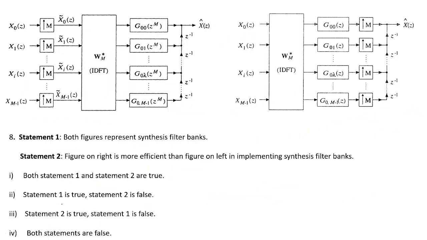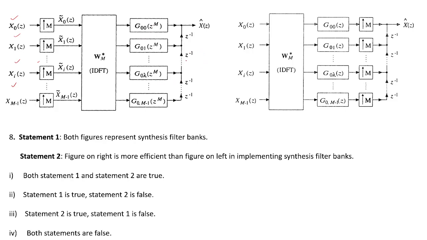Let us move to our question number 8. You can see clearly these are input sequences. You are passing them through some upsampler block before this IDFT processing happens. Then you pass them through these filters, then you delay them, then you add them.